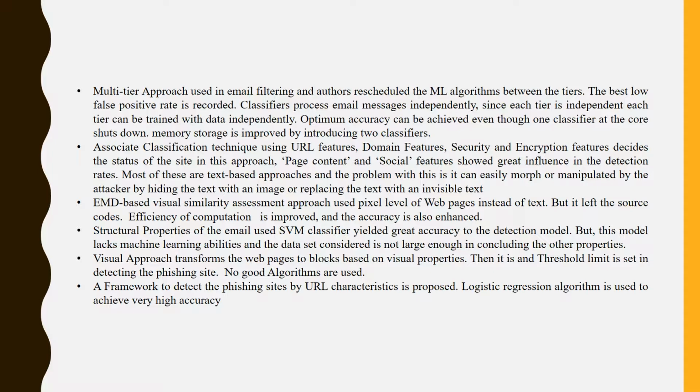But the problem with this approach is, again, the algorithms used are very outdated and very slow. And a framework to detect phishing websites by the characteristics of URLs was proposed. The good thing about this approach is the logistic regression algorithm which they used. It gave a very good accuracy rate in detecting phishing attacks.